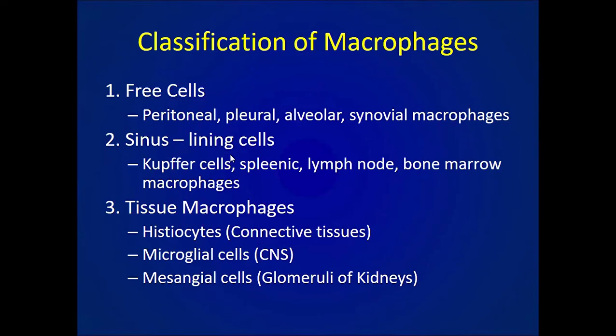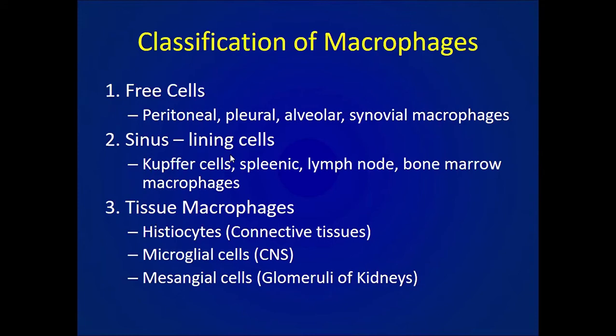Okay, so let's go to the classification of macrophages. So we have the fixed and the free macrophages. So we have the free cells. They are usually associated in some of the body cavities in our body.